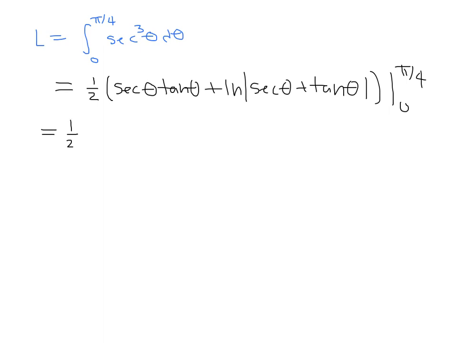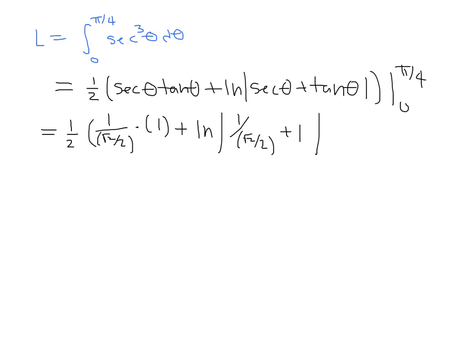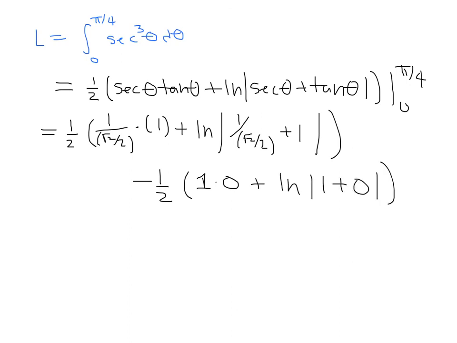So first, plugging in pi quarters, we'll have secant of pi quarters, 1 over root 2 over 2, tangent of pi quarters is 1, plus ln absolute value of 1 over root 2 over 2 plus 1, minus 1/2, secant of 0 is 1, tangent of 0 is 0, plus ln absolute value of 1 plus 0.